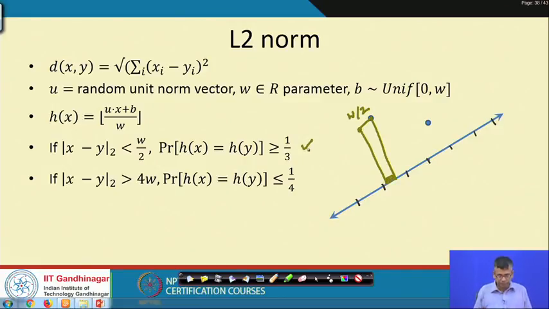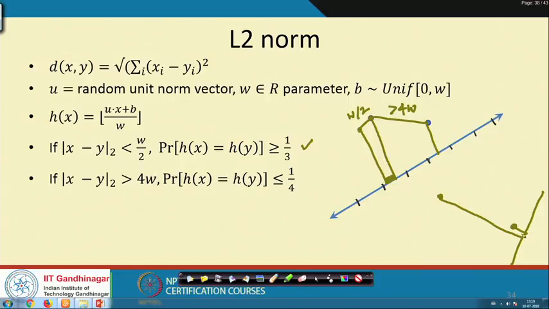So, this is fine. Okay. Now suppose x and y are very far apart, bigger than 4w. If they did fall in the same bucket, the picture is something like this: they are very far apart, but maybe the random line is somewhere here, which means that their distance in the projected line is not very big.